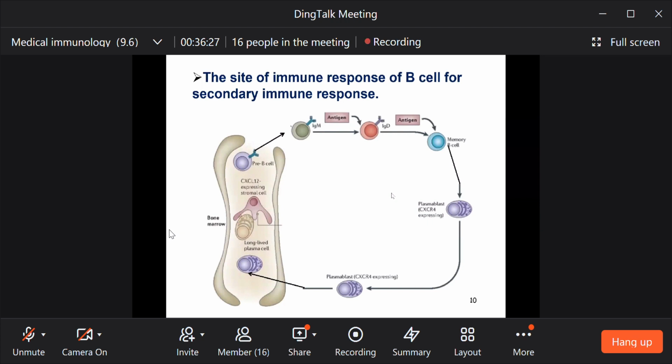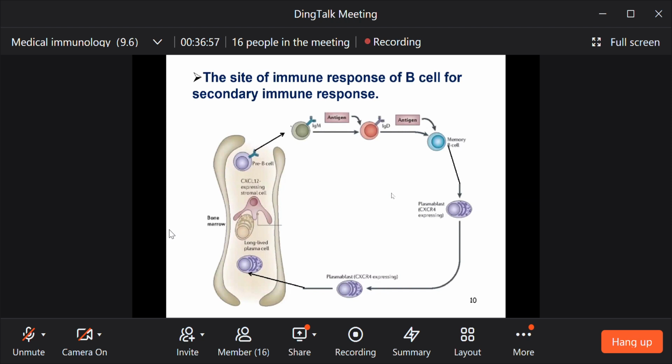The plasma cell has the ability to produce antibody. At the same time, the active B cell differentiates into the memory B cell. The memory B cell will transfer to the bone marrow and live there.